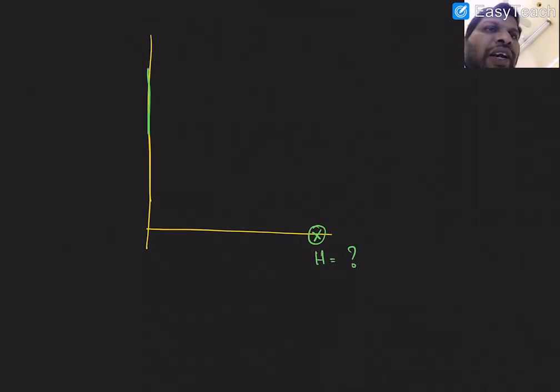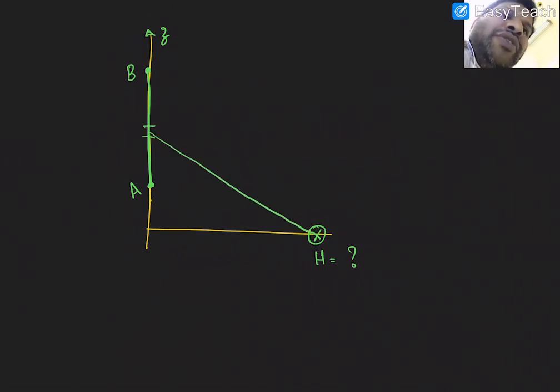The current is carried along the z direction, and this is my A and B, and this small current element is dl. Now let us consider the angle, and this is r. Let us consider this angle as alpha.